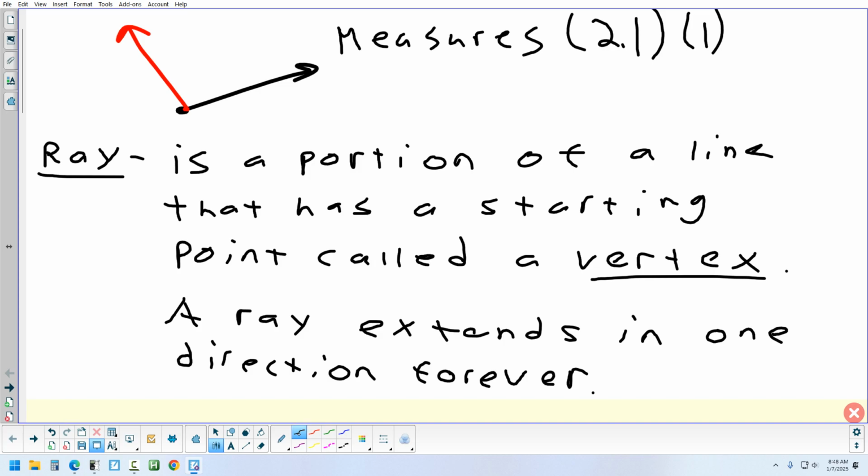Okay, and when we are talking about an angle in trig, I guess there's two different ways we can talk about angles. You can talk about an angle that's all by itself, like that, or you can talk about an angle like that's part of a shape. Okay? If you're talking about an angle like that, these two sides of the angle are not rays. Well, what do you call this and this in general?